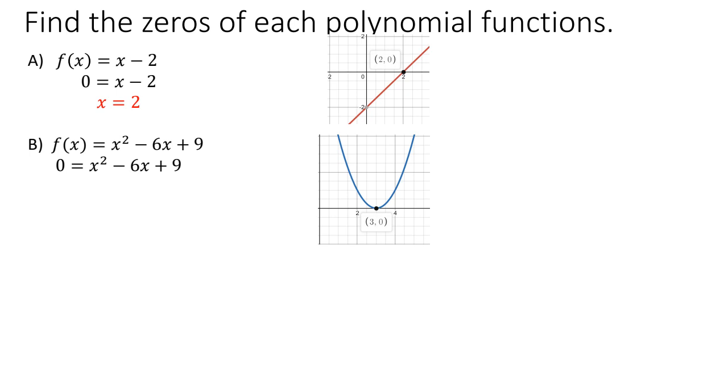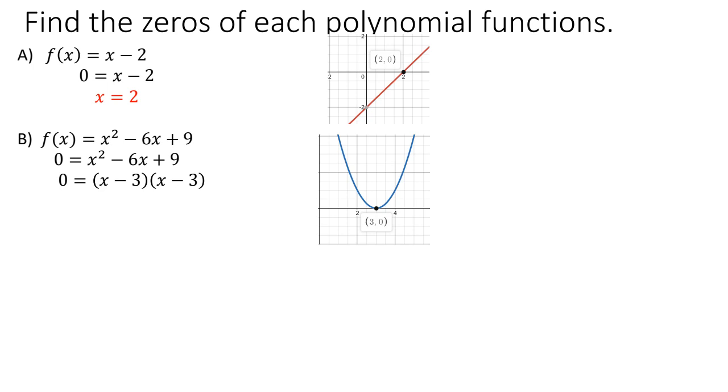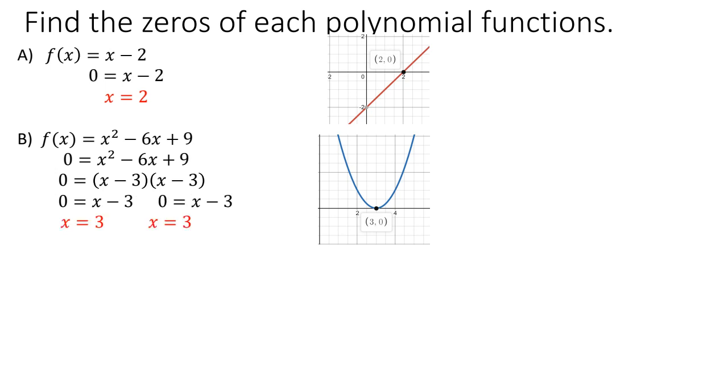So at (3, 0), we consider that it's a double zero at 3. If I factor this out, I have x equal to 3 twice, and this is what tells me that the graph is touching and then turning around. It doesn't cross our x-axis.